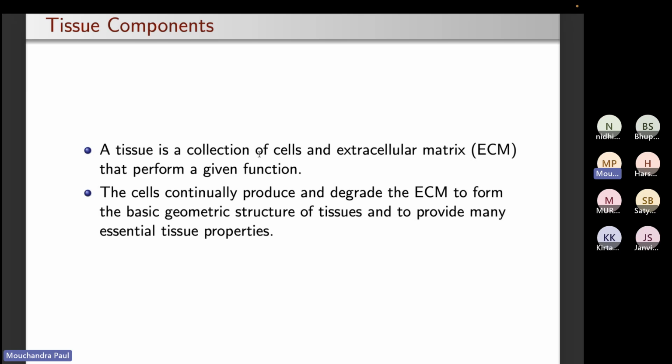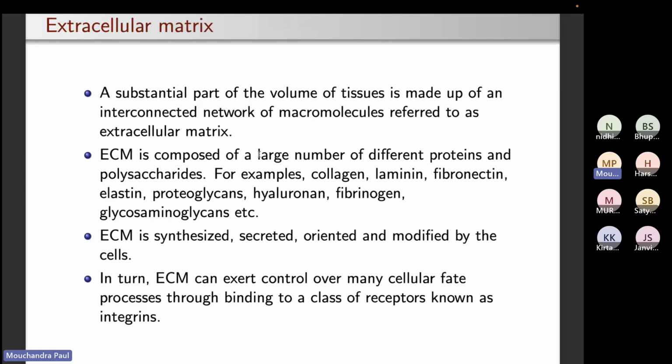The cells are producing the ECM, also they are degrading the ECM, and they are designing their own environment, okay. And when you look at the tissue overall from a broader perspective, it will gain some kind of function because of the activity of each individual cell. So let's talk about ECM first.